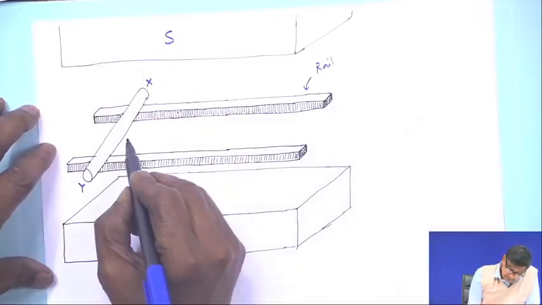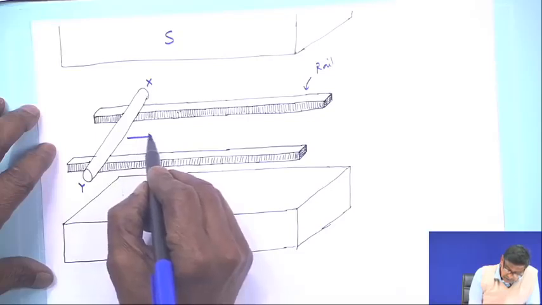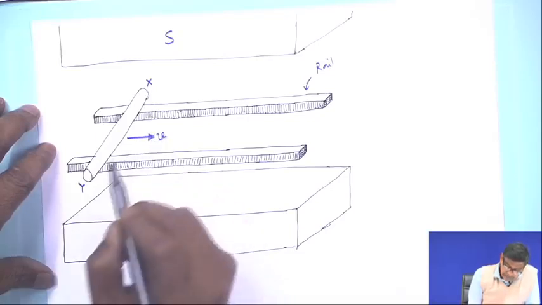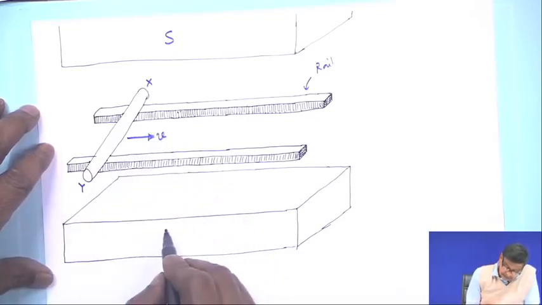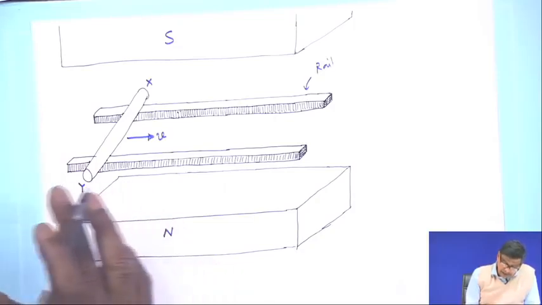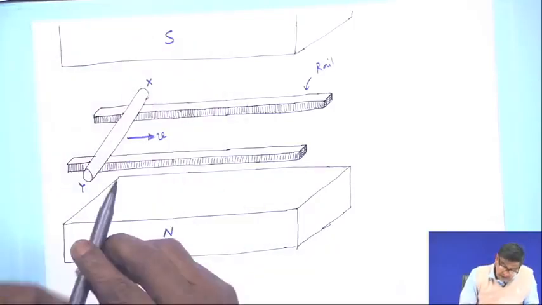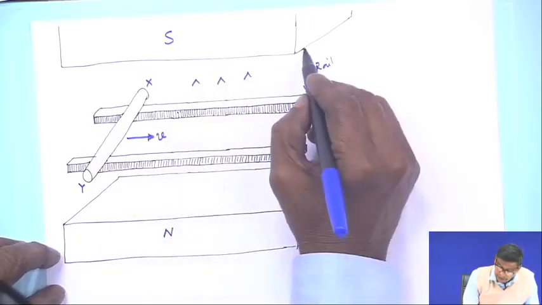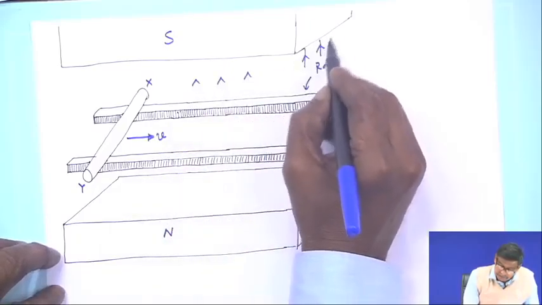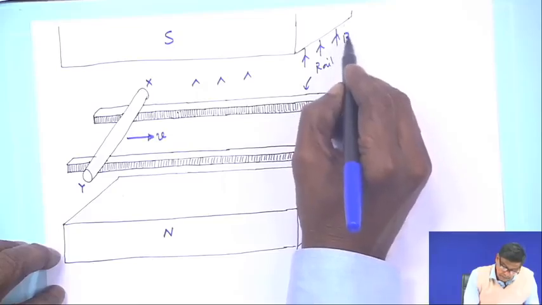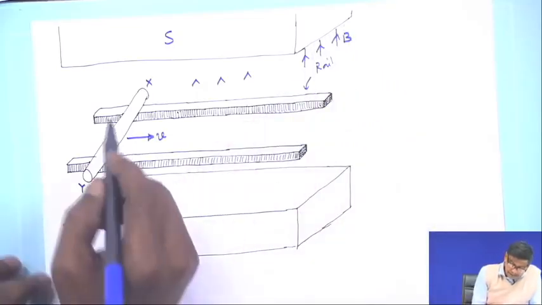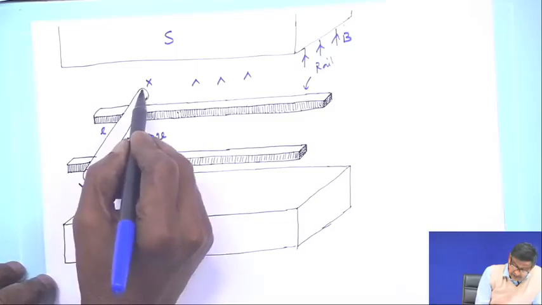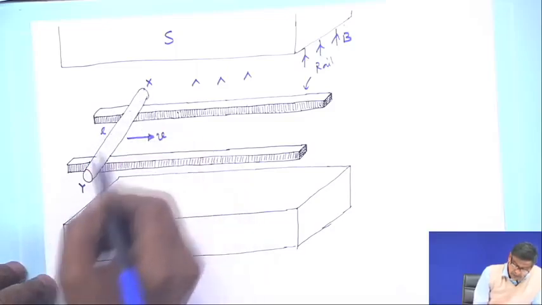Now, if this moves with a velocity v, and this is the north pole, then lines of force will be going this way, all along the track, all along the breadth, it will move B. And the length of the conductor, from x to y, is L.